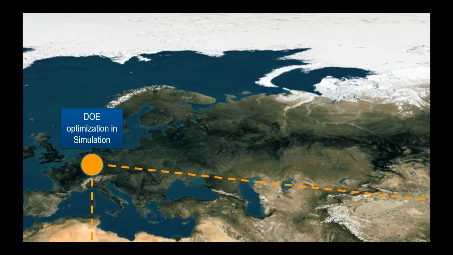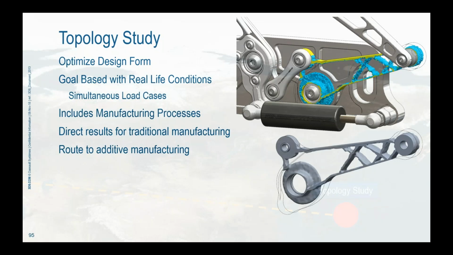Okay, so let's talk now about topology study. Topology study is another form of optimization feature here in Simulation Professional and Simulation Premium. It's new from 2018, but it has also been enhanced this year. It's based on Tosca Structure that is a part of the Simulia family.